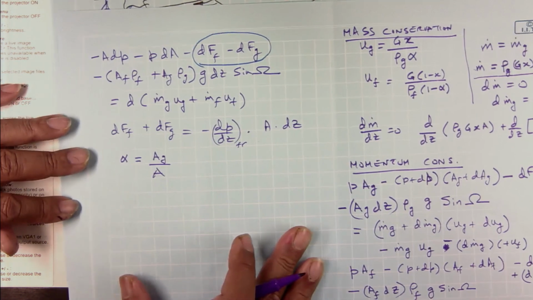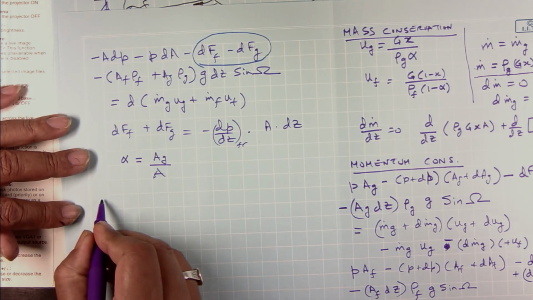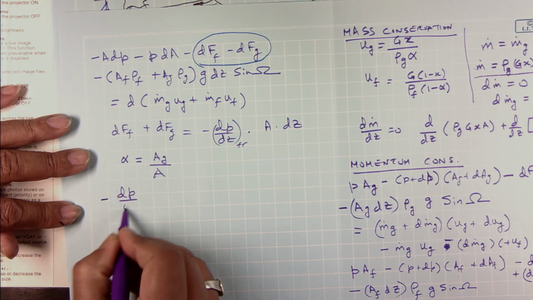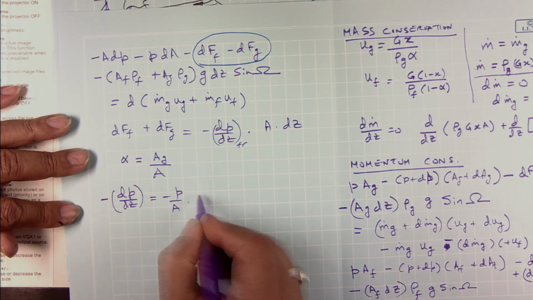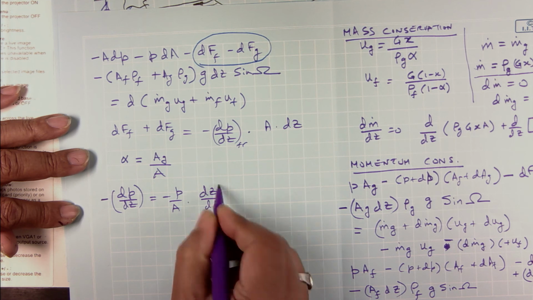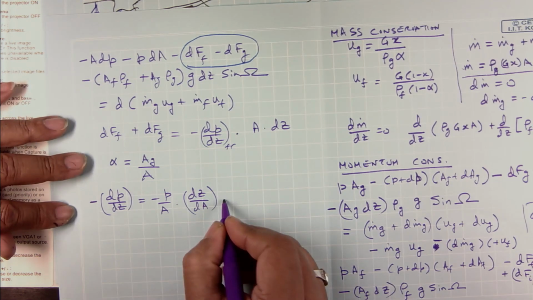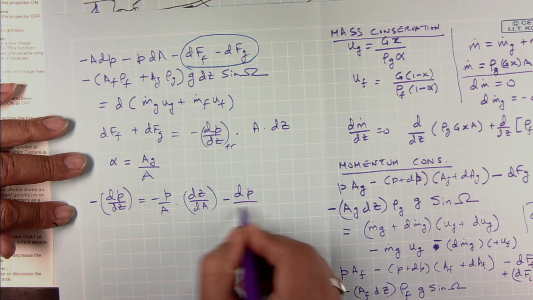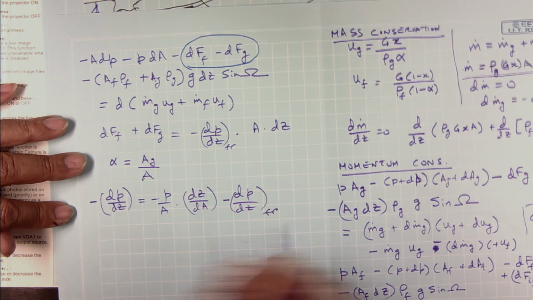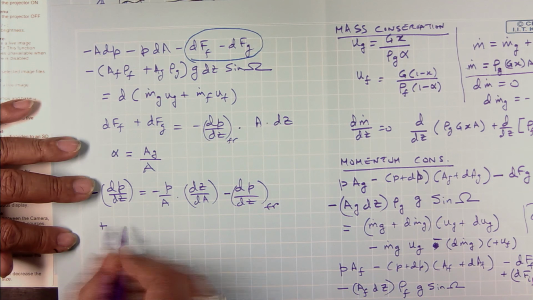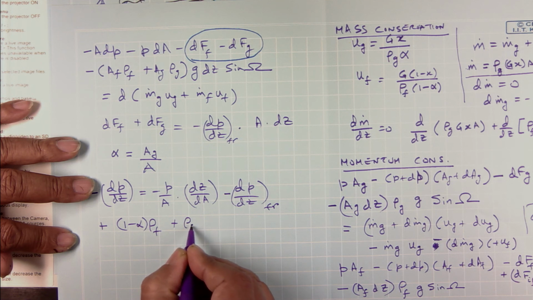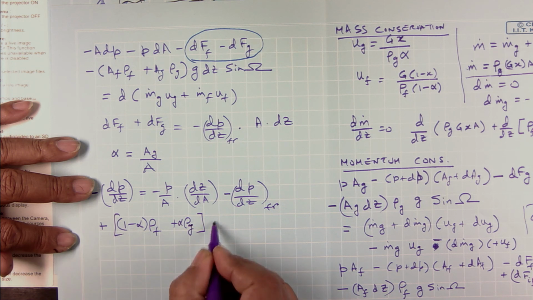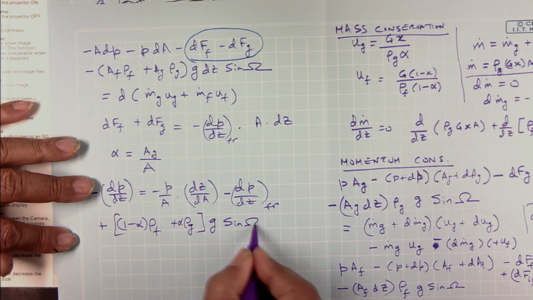Okay, so, if I do all these, then I will end up with an equation that looks like this. So, I have a minus dP/dz, okay, that will be equal to minus P by A times dA/dz. Okay, and then I am going to have a minus dP/dz because of friction. Okay, and then I am going to end up with (1 minus alpha) times rho_f plus alpha times rho_g, times g times sin omega.